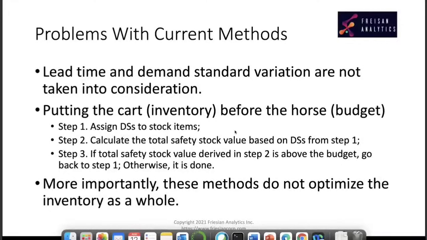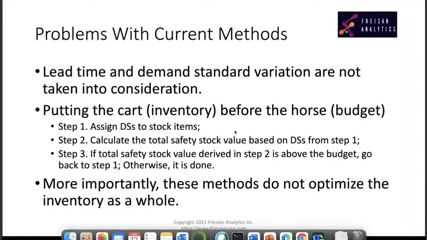We want to spend $55 million on those inventories. Then how to allocate that money to each item? We should start with money. The horse should drive the inventory. This is an important consideration.